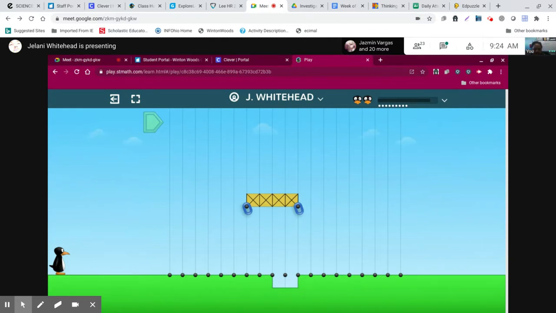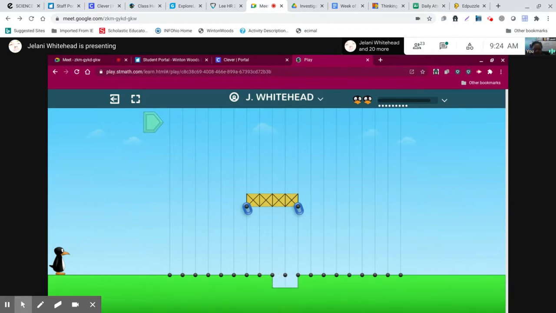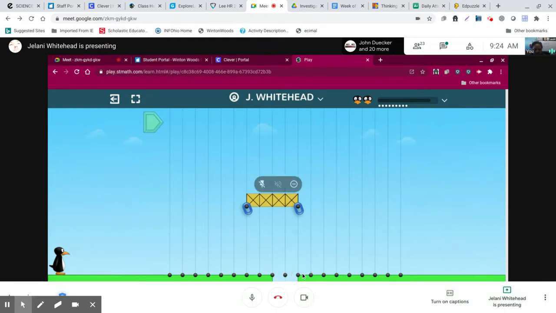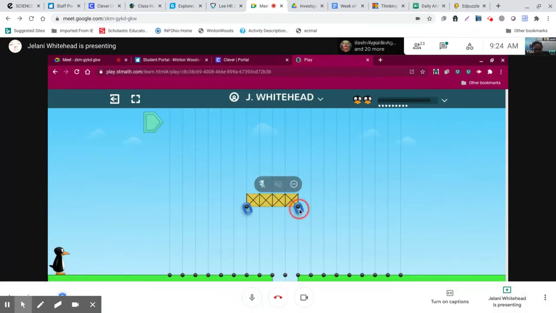All right. Now let's look at the bottom where the grass is. I'm going to start with the first vertical line and say 0, 1, 2. So 2 is the denominator of the ratio. So we have a 4 to 2 ratio.